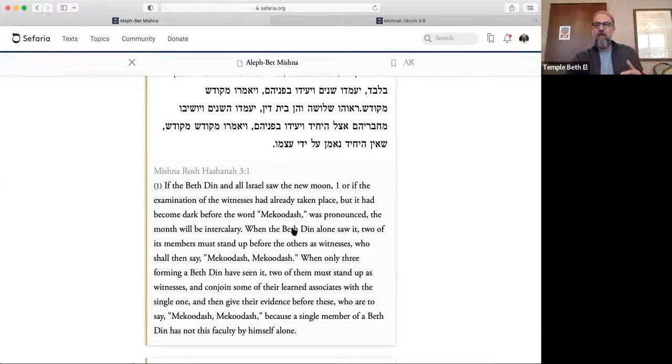This here is really just interested in a very, very small piece of the internal workings of the calendar agency bureaucracy, as it were. There was a centralized bureaucracy, and this gives us a window into how it may have worked. And we know from other places in Rosh Hashanah and elsewhere about many of the other things that changed.